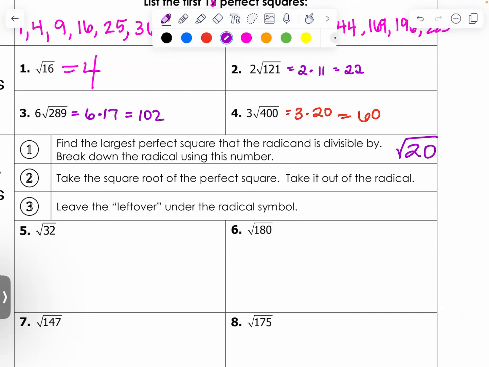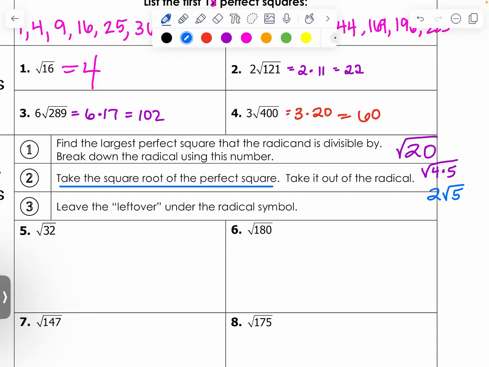4. So what we're going to do is we're going to break up 20 to 4 times 5. Okay. And what we're going to do is we're going to take the square root of the perfect square. What is the square root of 4? 2. And then whatever the not perfect square is has to stay under the radical.